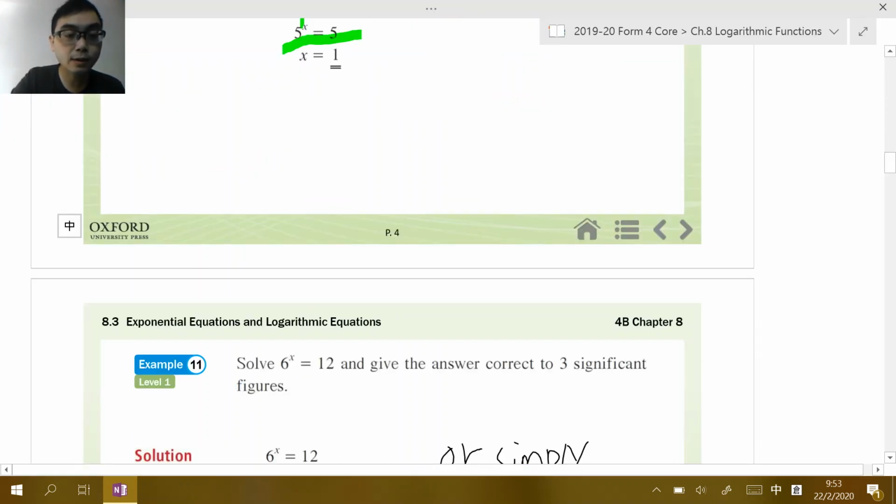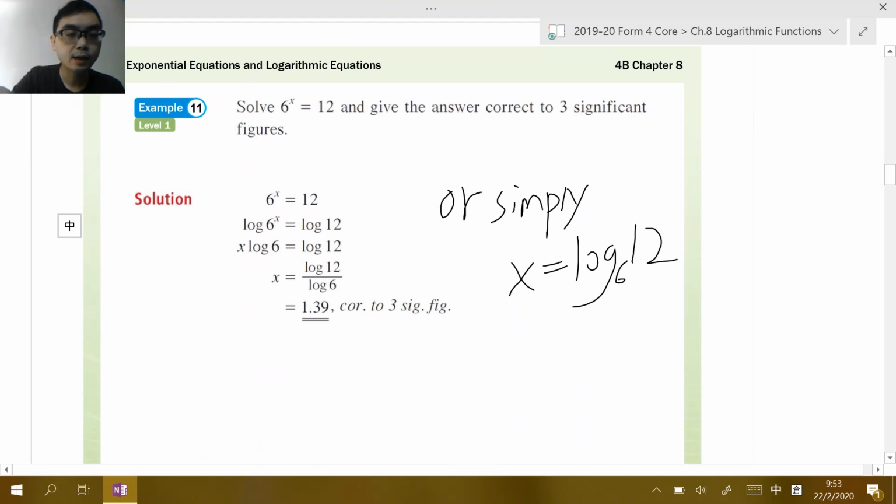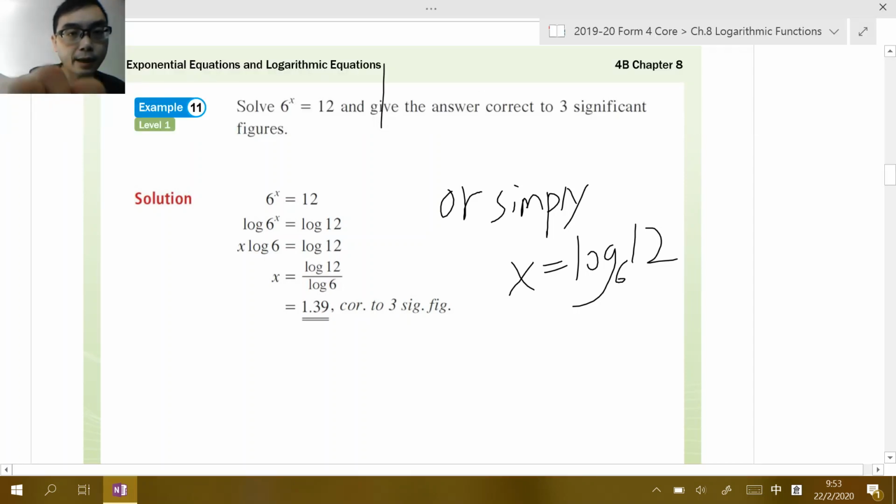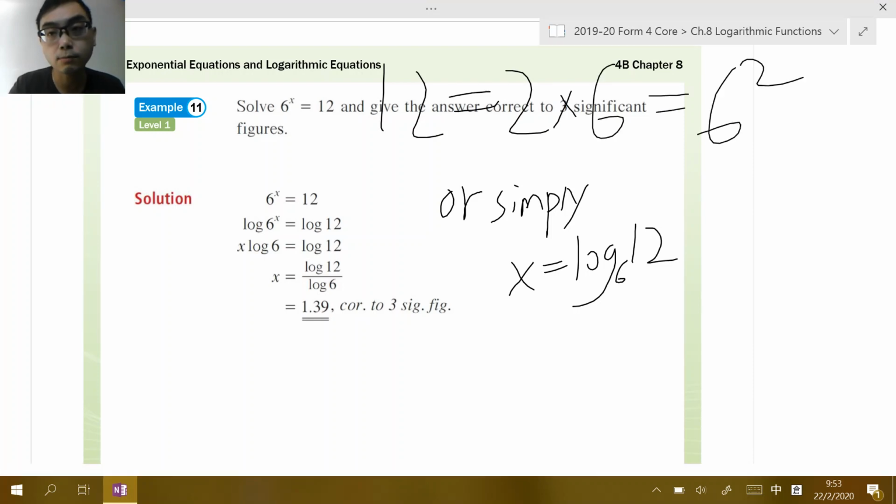So sometimes you can see the numbers on the left and the right are not in the same base. For example, you can see 6 to the power x equals 12. Do remember, even though 12 is a multiple of 6, it doesn't mean that it can easily have the base 6. Because if I say 12, I can say this is 2 times 6, but it doesn't mean that it is equal to 6 to the power 2.